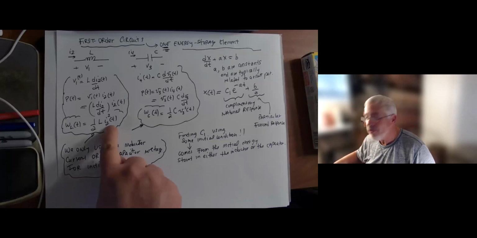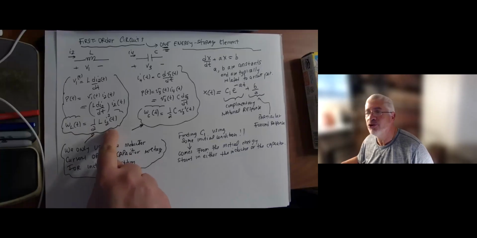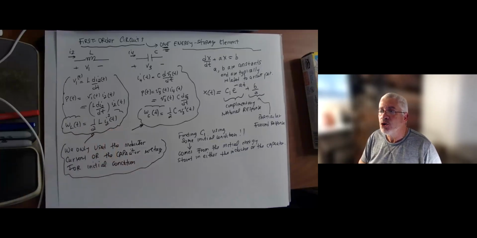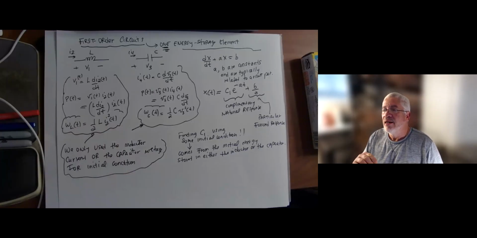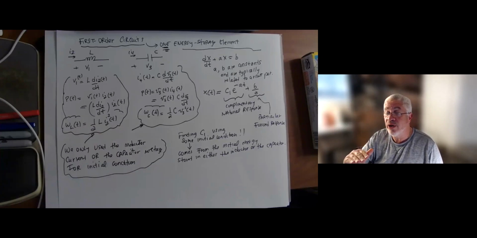So we use the current in the inductor because the energy on the inductor is proportional to the current squared. And the reason we do that is because we know that energy in the inductor can never jump. Energy is continuous. You can have a gas tank, you can go to zero, you can have no gas, but you cannot have gas and then jump like this.